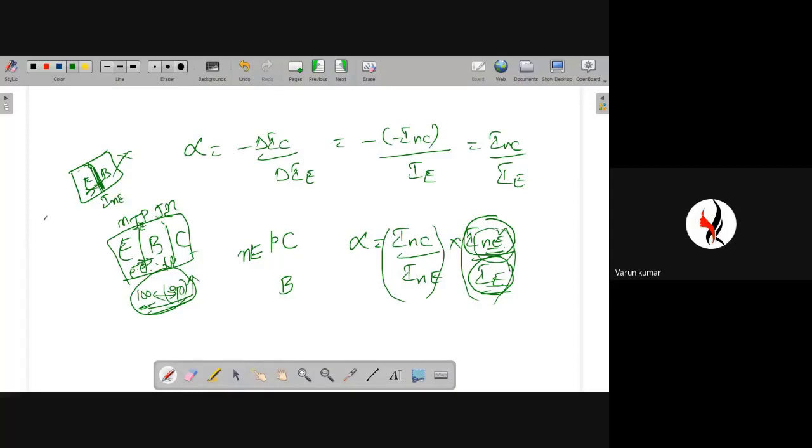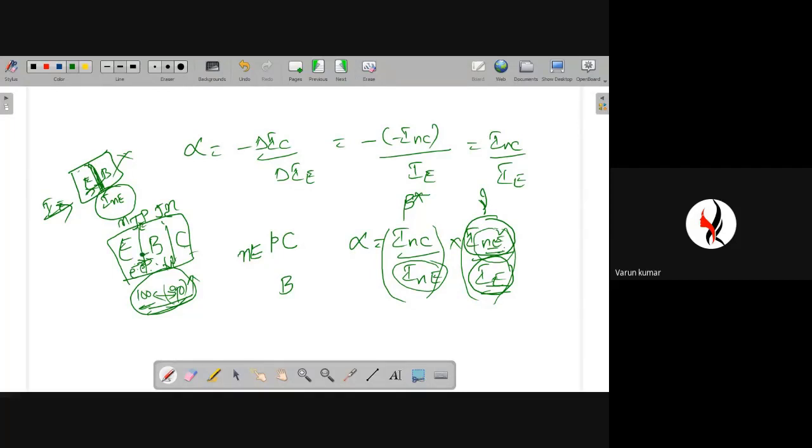Whatever electrons are emitted from the emitter should reach the emitter junction. Then you can call your transistor highly efficient, and this ratio is denoted by gamma. Gamma is nothing but emitter efficiency: how many electrons have actually reached the emitter junction after emission from the emitter.